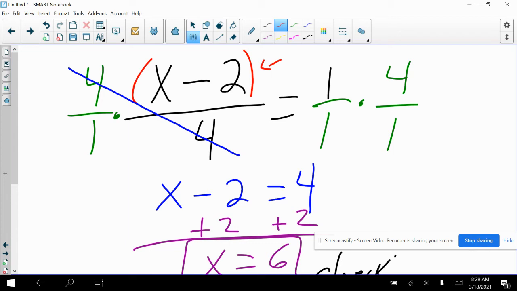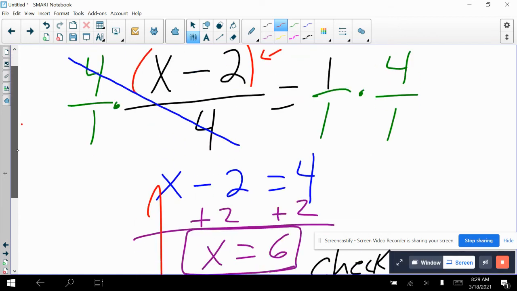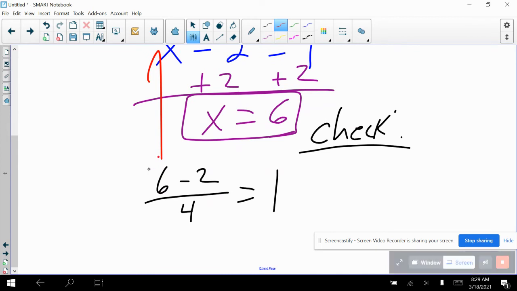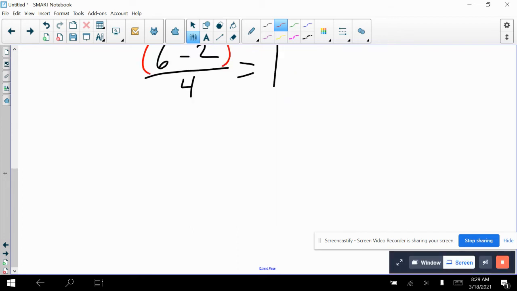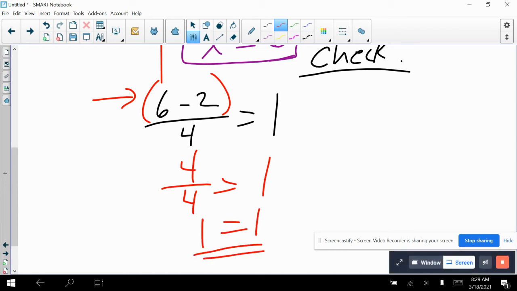Insert something so you can see what it is, so you know that they are grouped. Same thing down here. Group them. And now with that grouping symbol, you should know I have to follow the order of operations. I have to do parentheses first. And my check is complete.